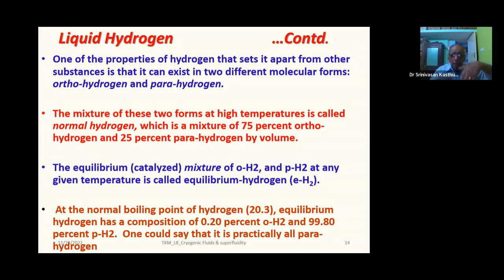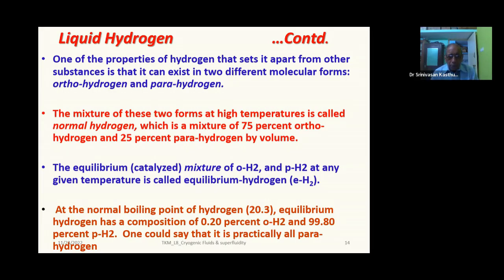And in the case of parahydrogen, the 2 spins are opposing each other, 1 up and 1 down, and therefore its net spin value is equal to 0. Okay, so the mixture of these 2 forms at high temperature is called the normal hydrogen. It is a mixture of 75% orthohydrogen and 25% parahydrogen. So at room temperature, you have 75% orthohydrogen and 25% parahydrogen by volume.